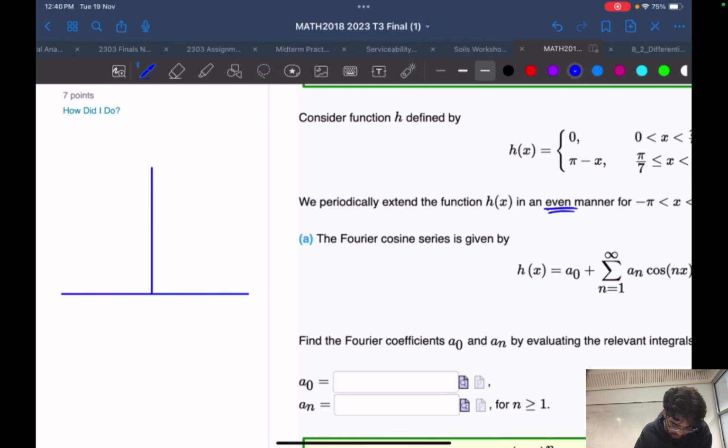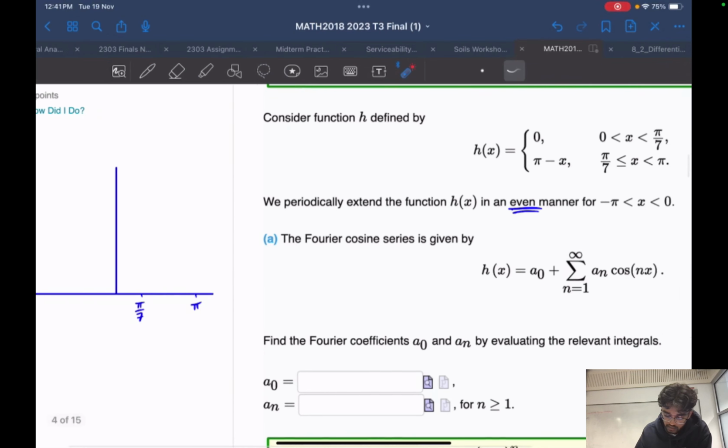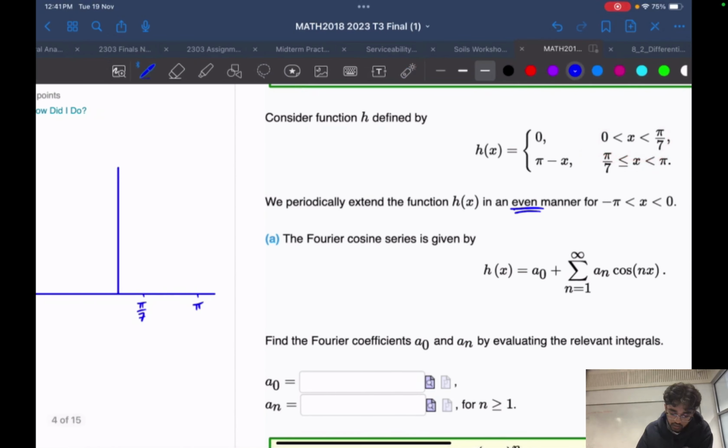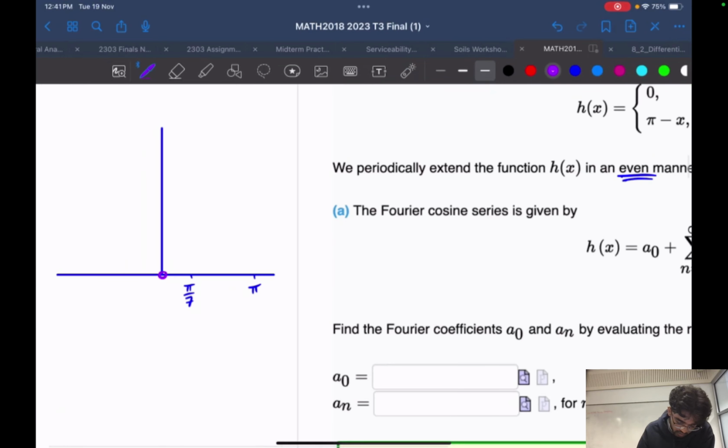Let me say this is pi, this is pi on 7. So between 0 and pi on 7, our function is equal to 0. So open circle equals to 0.